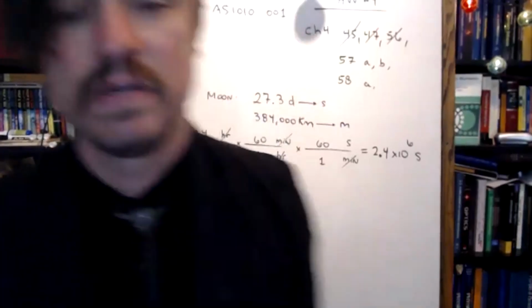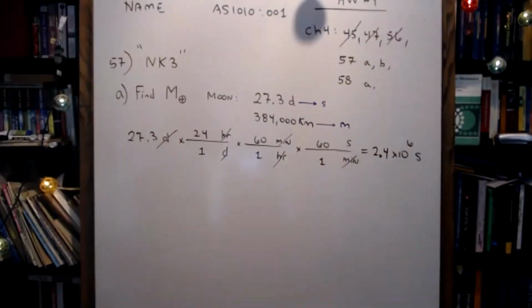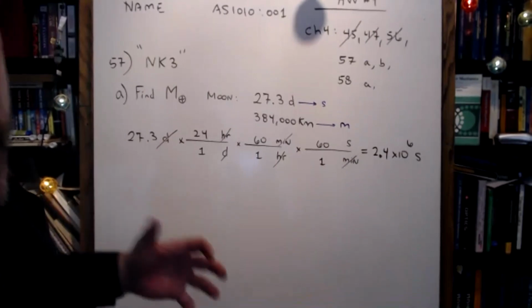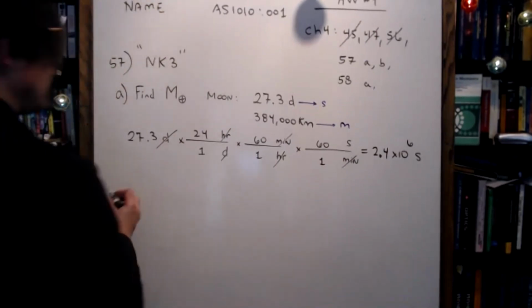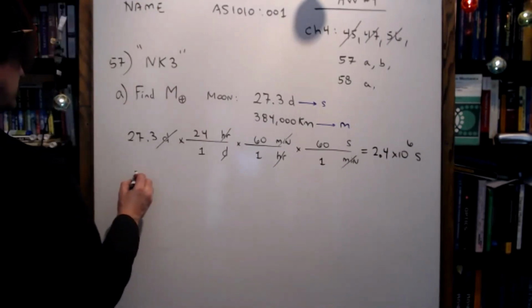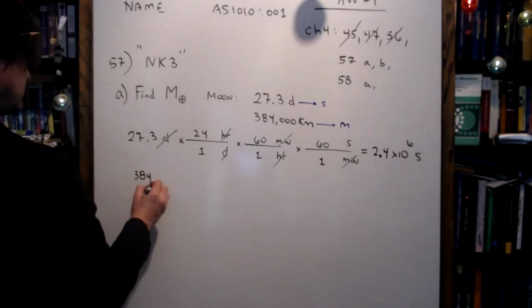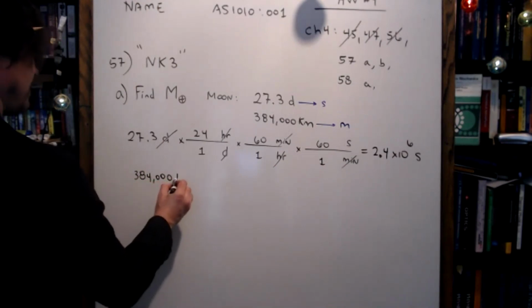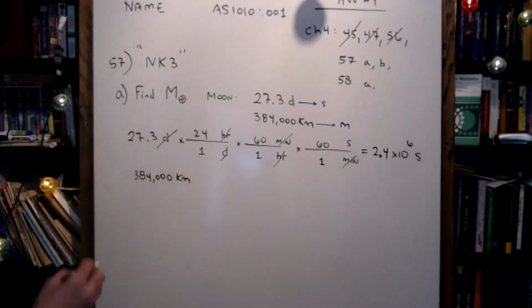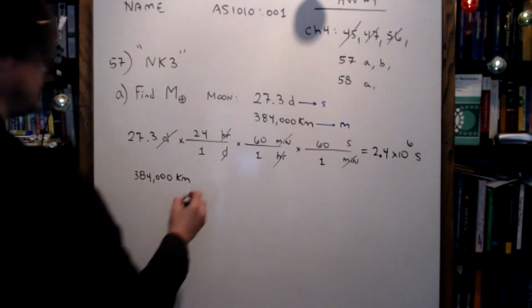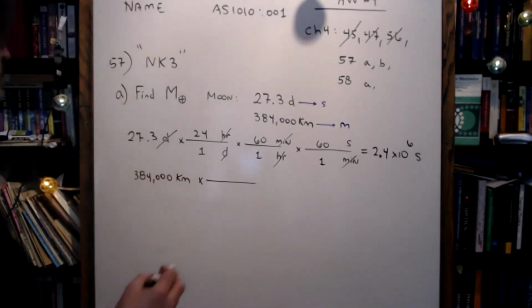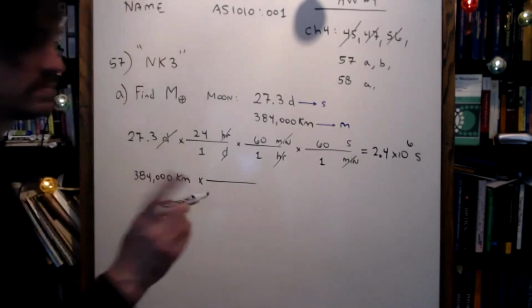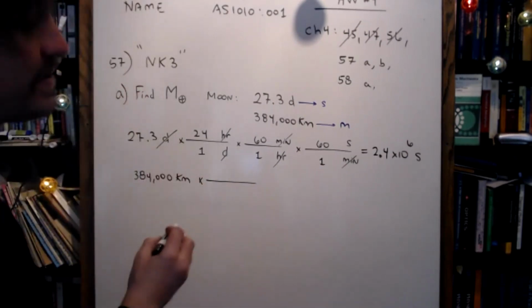Yeah, what do you need? Convert 384,000 kilometers to meters. I need to make sure that you guys can do this, you know? So you start off with 384,000 kilometers. Then you multiply by a division bar, and you're gonna put meters on top, kilometers on the bottom.